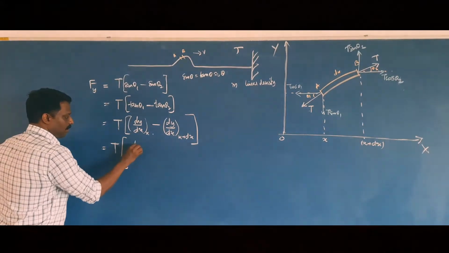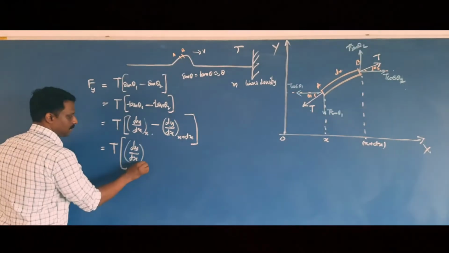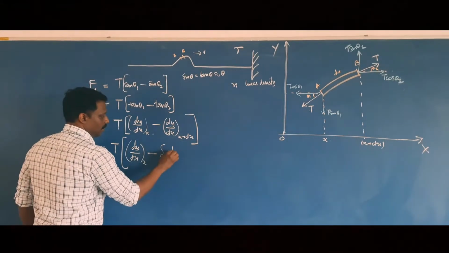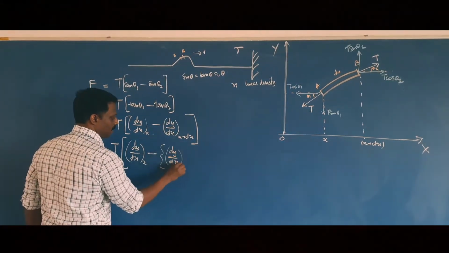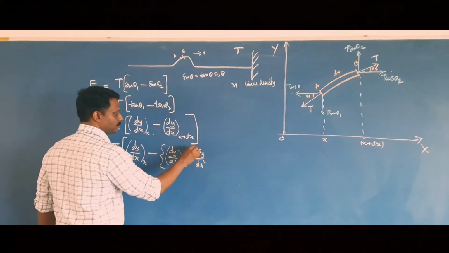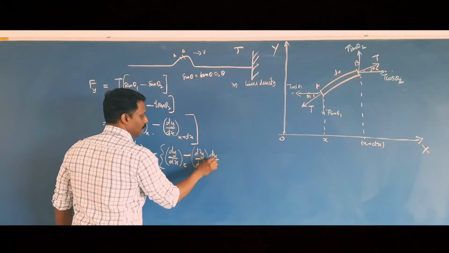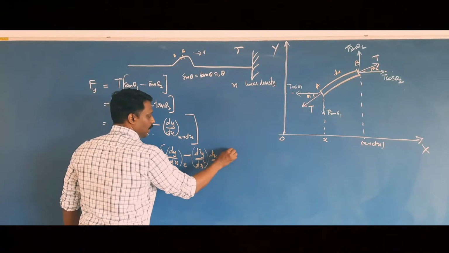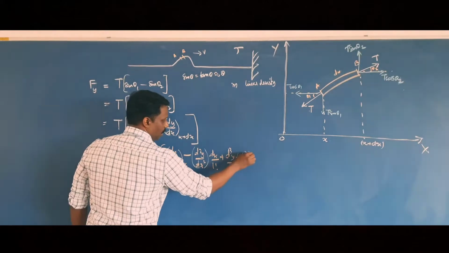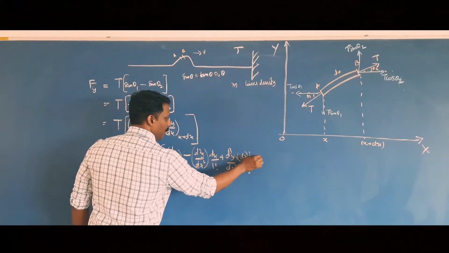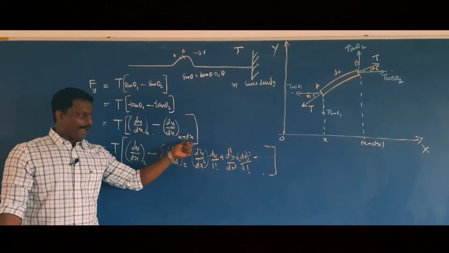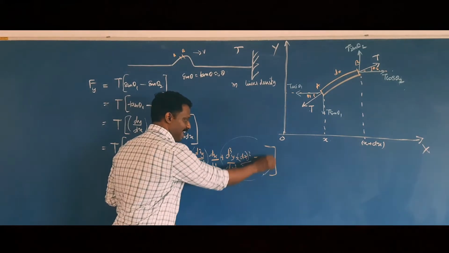T times dy by dx at x, minus the second term. The mathematical expansion is dy by dx at x minus d square y by dx square into dx by 1 factorial plus d cube y by dx cube into dx square by 2 factorial minus etc. Now, from this expansion, the higher powers can be neglected.